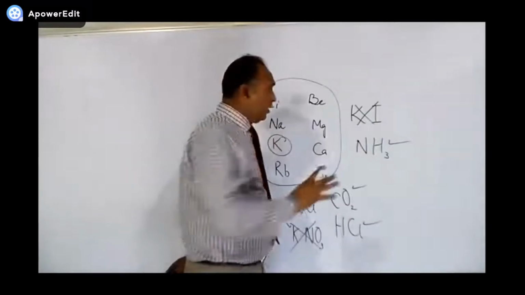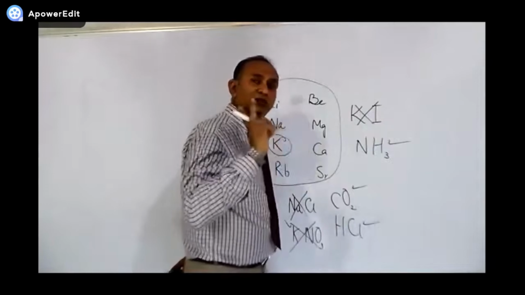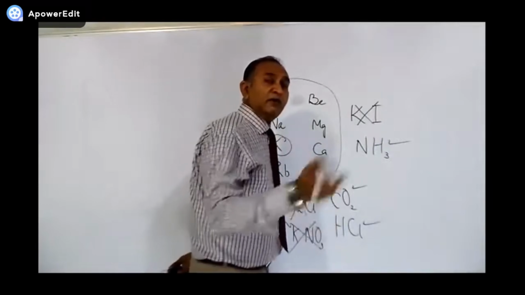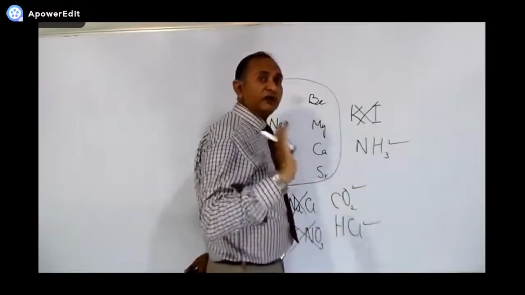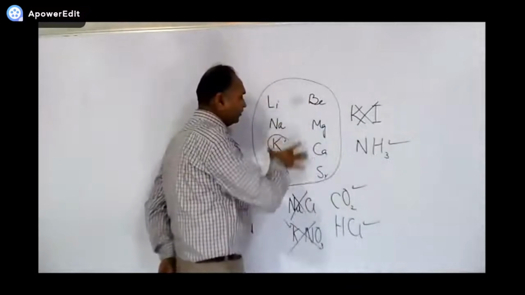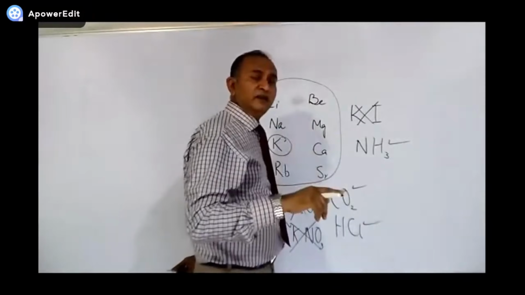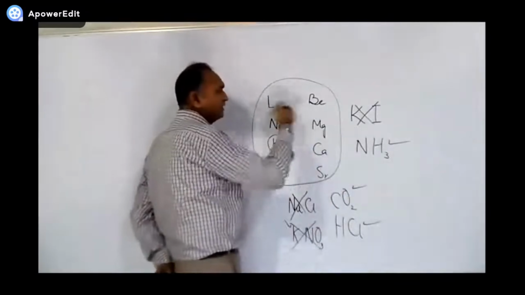I repeat, all of these are compounds. Then there are two types of compounds. One, the molecular compounds, which do not include any one of these elements. The other ones are the ionic compounds, which contain any one of these elements.